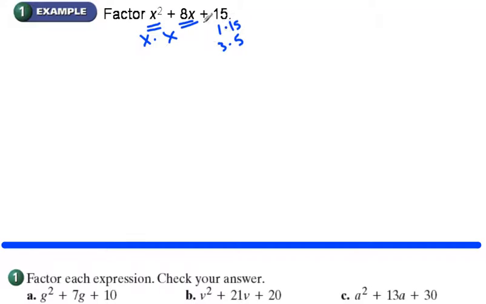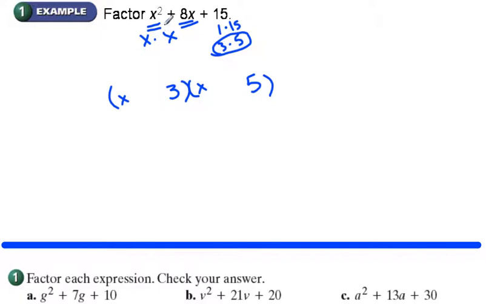Okay, so x squared plus 8x plus 15. So x squared is going to have to be x and x, writing as two binomials. Now this is either going to be 1 and 15 or 3 and 5. Which two will add up to 8x? The 3 and 5.